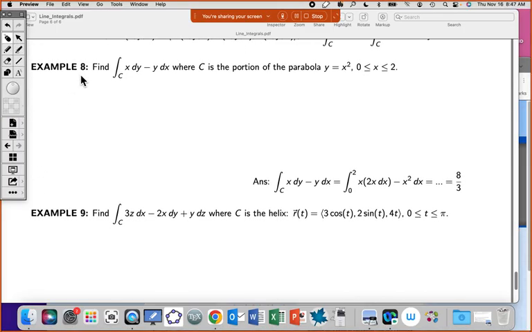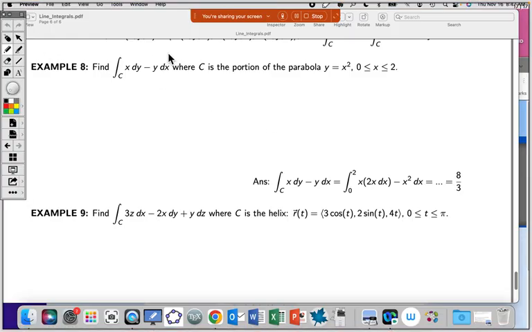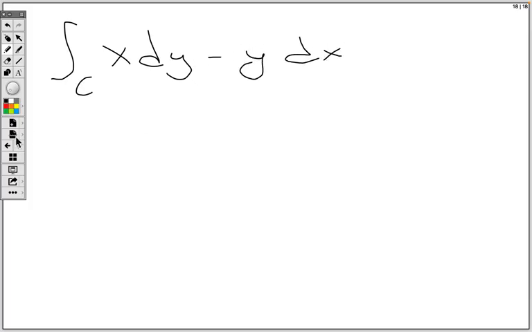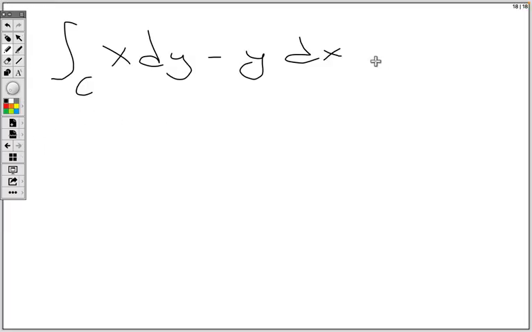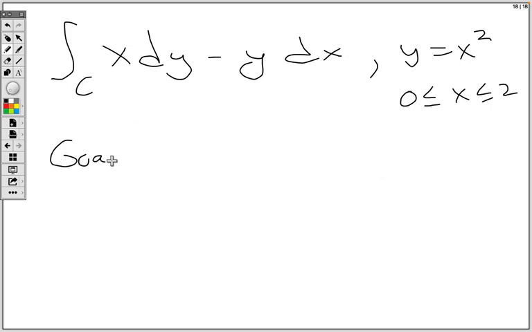So let's take a look at this integral. This is how they present the integral to us. We're looking at the integral over C of x dy minus y dx. C is the portion of the parabola y equals x squared, x between 0 and 2. And once again, the goal here in section 17.2 is we want to get this in terms of just one variable.